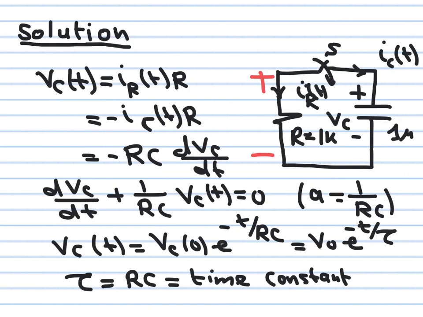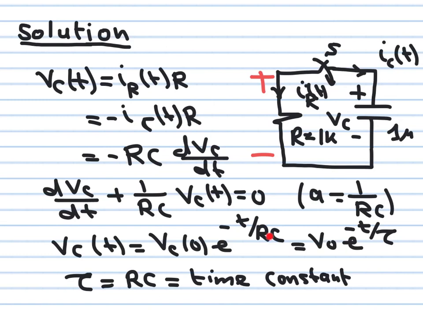Now, it's very important to understand that if you multiply a resistor with a capacitance, you get a quantity that has units of time, and we call this the time constant. This determines how fast the capacitor is going to be discharging.